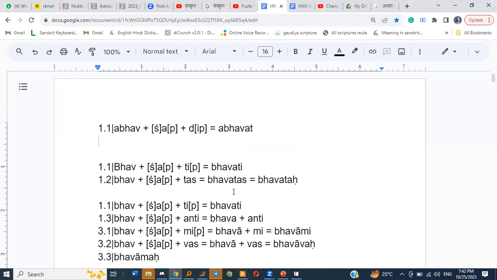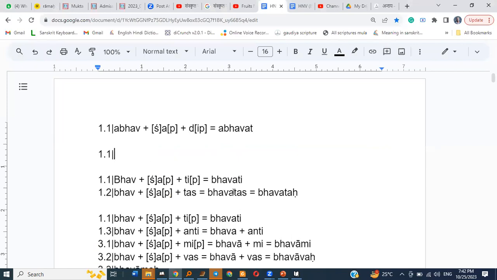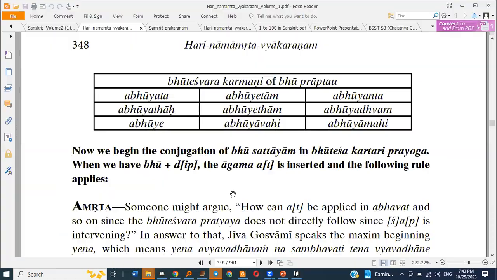Then comes the Bhutesha forms. The pratyayas for Bhuteshwara and Bhutesha are the same. We insert At here again because the previous sutra said that even if Bhutesha pratyayas follow, we will insert this At before the dhatu.